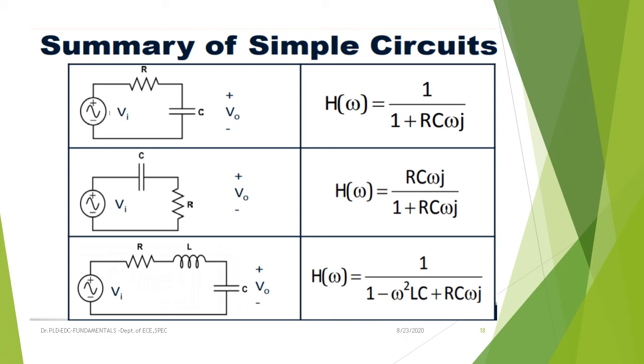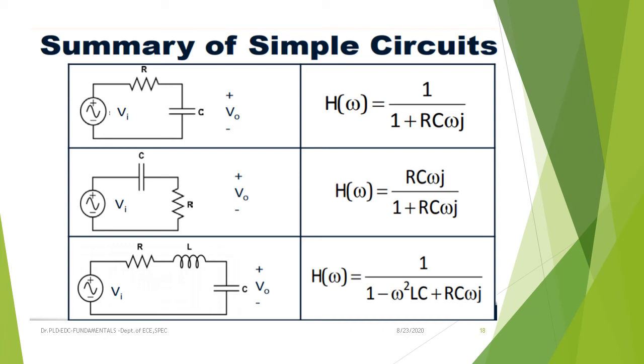H of omega equals 1 by something, because in this particular circuit diagram we have reactive components, the inductor as well as the capacitor. Because of this, a second order equation is generated, that is, an omega square term is there.